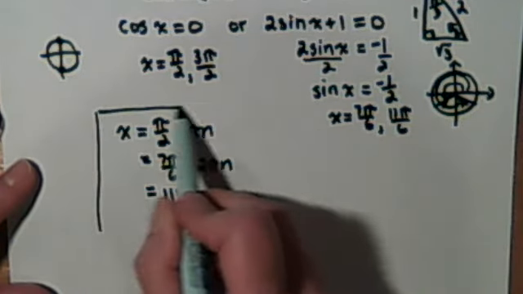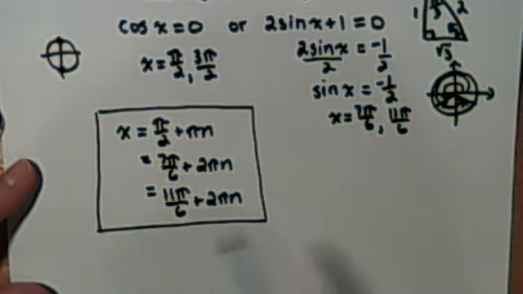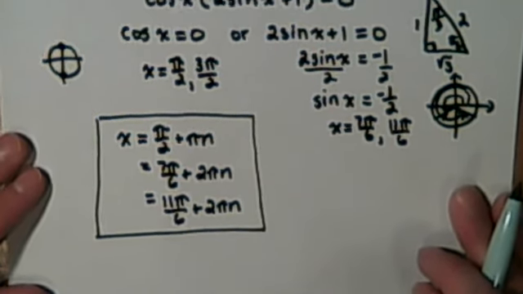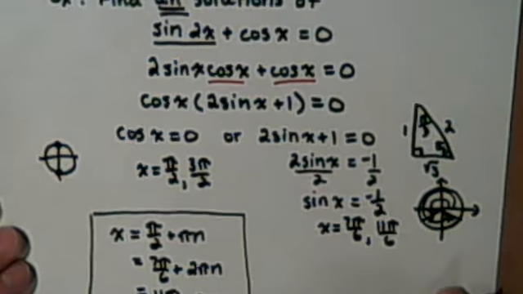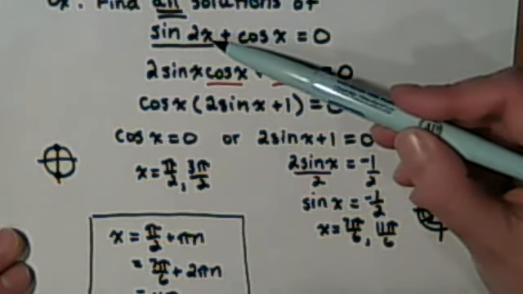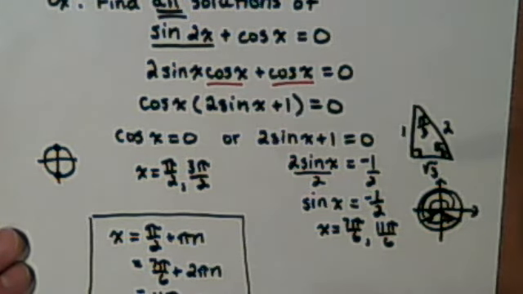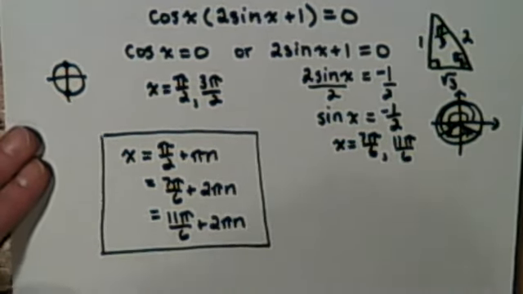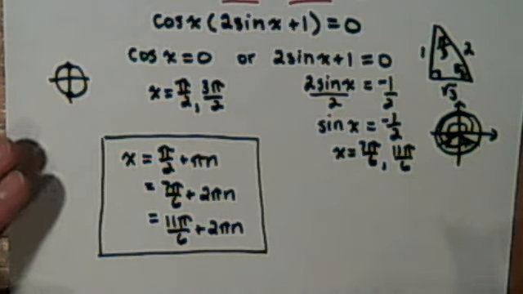So that reviews a little bit solving equations as well, because the only thing new to us on this problem was replacing sine of 2x with a double angle formula so that we could actually solve this particular problem. So that's one way that we can look at solving it.